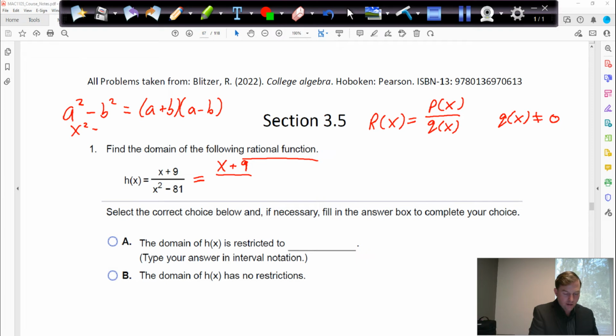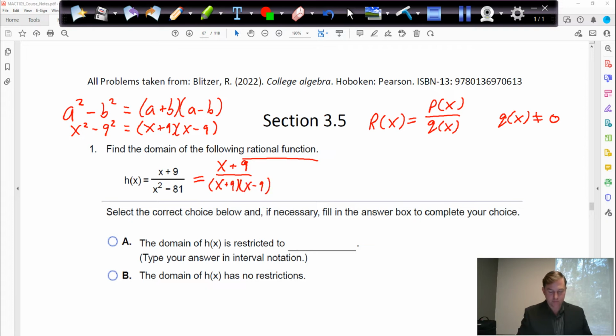So x squared and 81 is really 9 squared. So match up, a is now x, b is now 9. You'll get x plus 9, x minus 9. So the bottom, we get x plus 9, x minus 9.